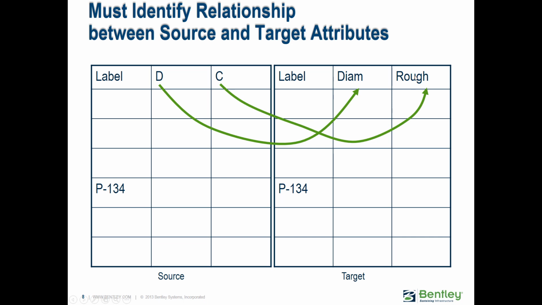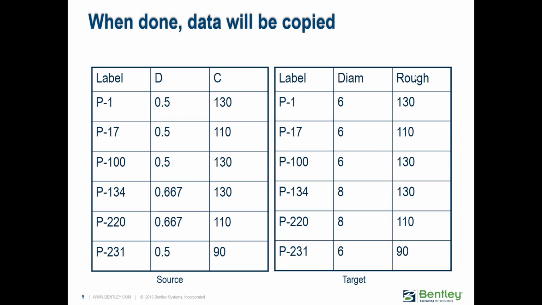So you have to go in there and link those things together so it knows where to put the information. So when you're done, you'll end up with something like this. You'll end up with a table where the information is basically copied over.